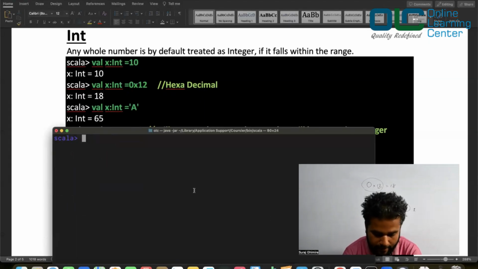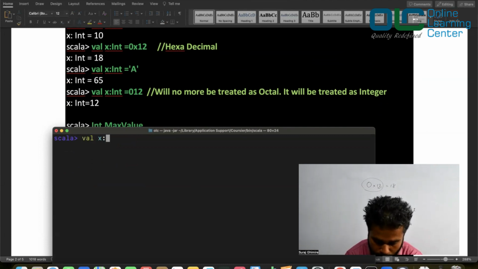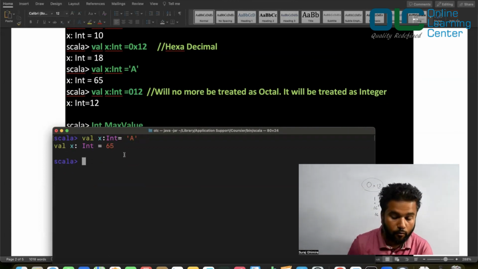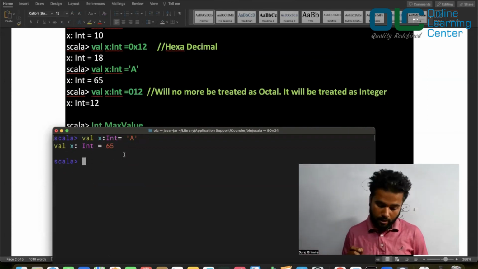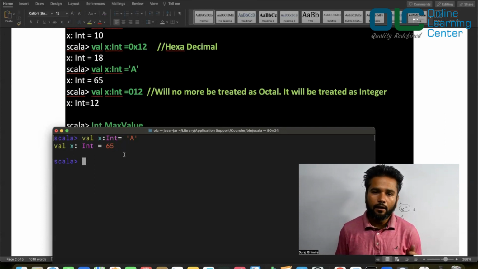The next thing is, what if I write val x of integer is equal to 'A'? If you do this, then what you get is 65. Why are you getting 65 here? Because we've already discussed that every character in the world is assigned an ASCII code.